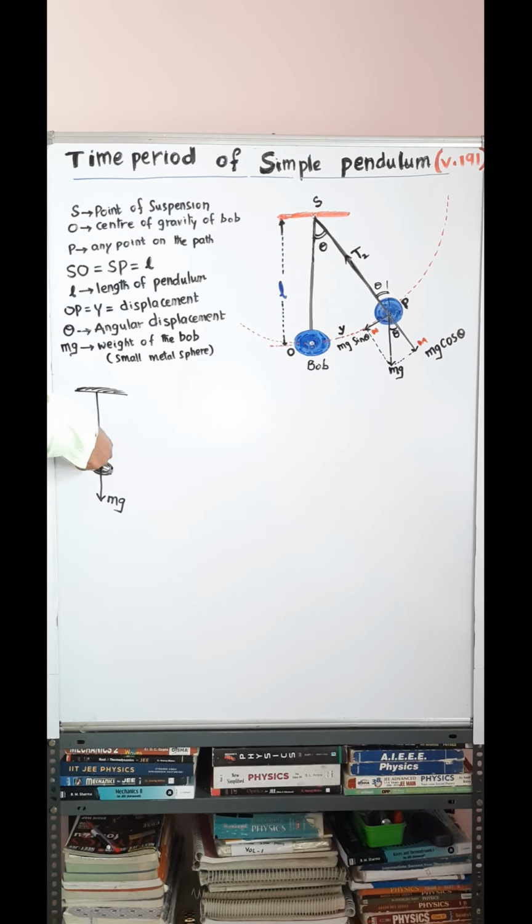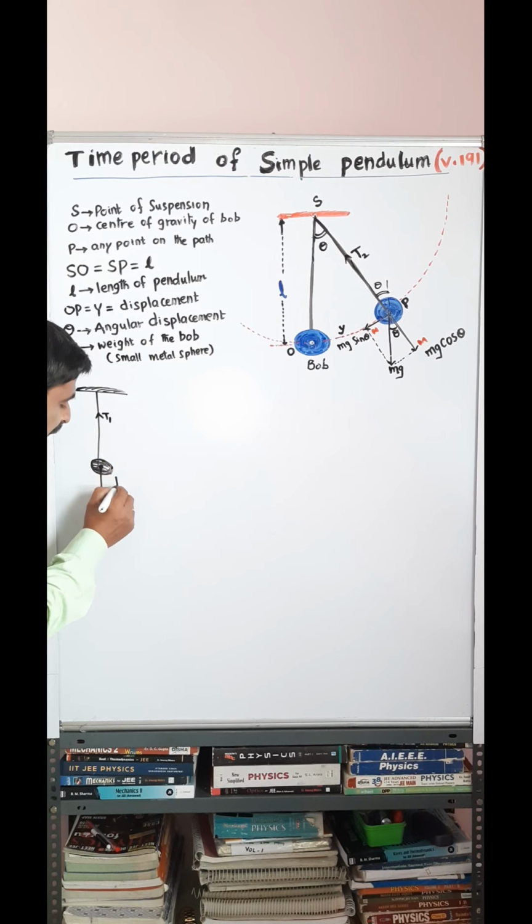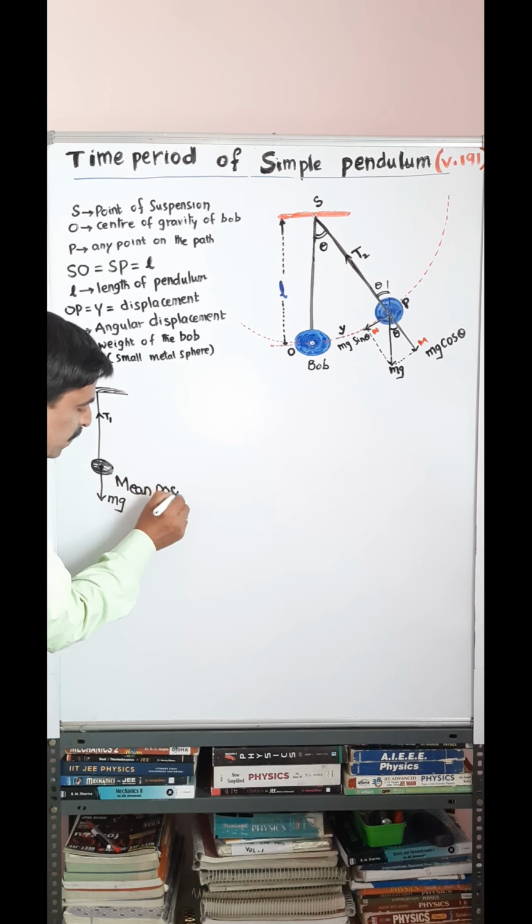The cotton thread is pulling the bob vertically up. This pulling force we call tension. The weight is balanced by the tension in the string. Now this simple pendulum is in the equilibrium position, or the mean position.